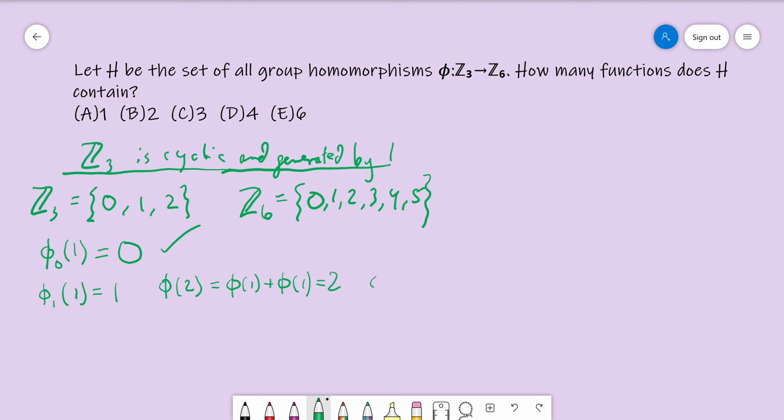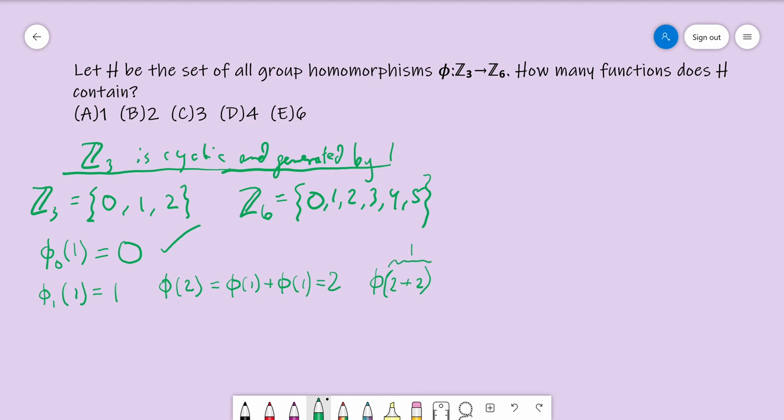And, well, what's phi of 2 plus 2 going to be? Well, 2 plus 2 in Z3, that's 4 mod 3, so that's just 1.